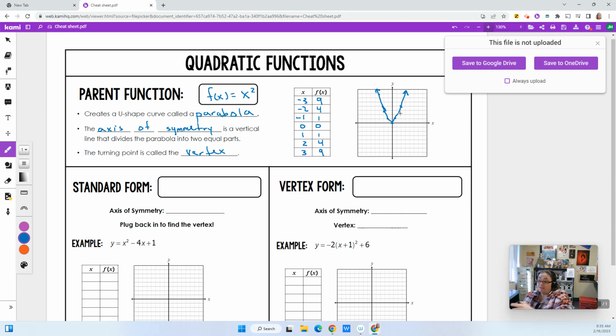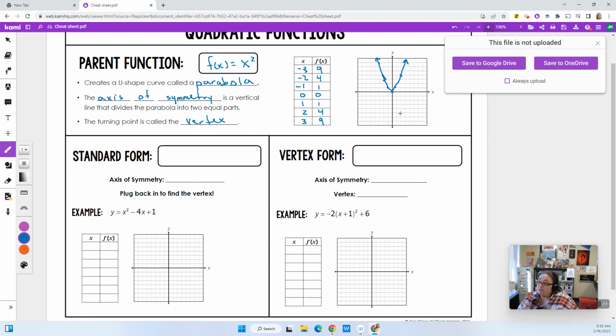Everything that happens elsewhere is just being moved from that standard form or whatever, right? Like we talked about, especially when we were discussing the vertex form, because that vertex form shows us the different movements. Like if we look at this vertex form right here, we know that this right here would be moving to the left one space.